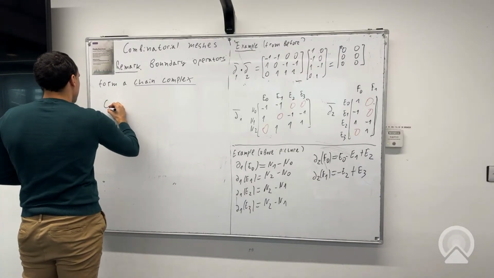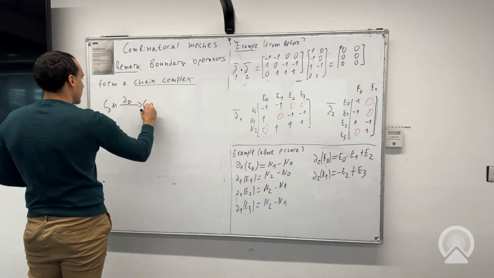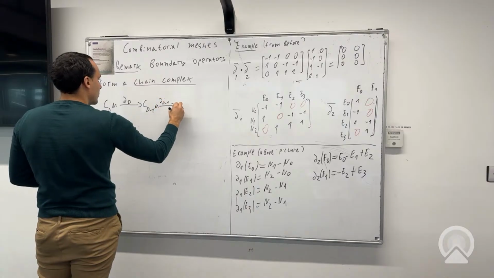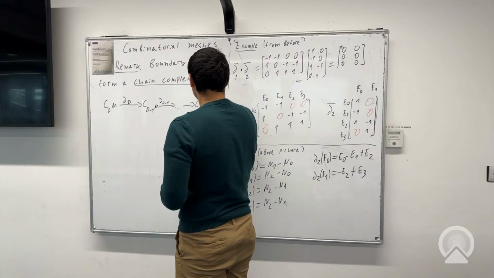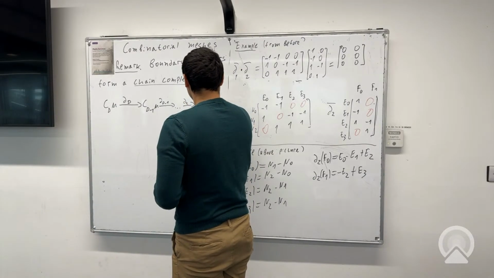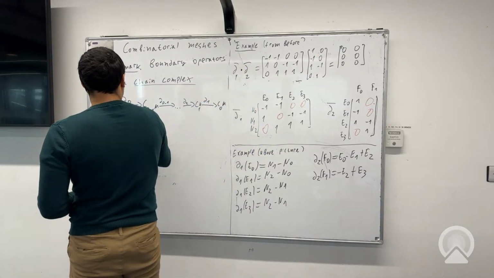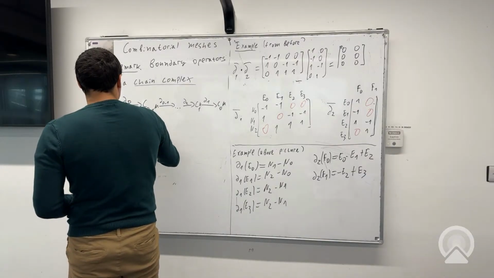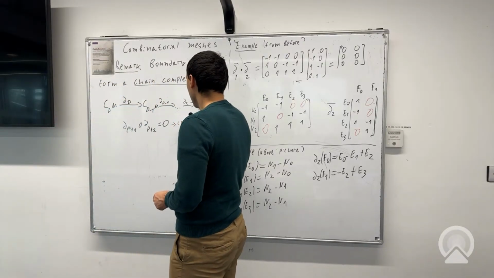We have C_d, M by d_d goes to C_{d-1}, M, and this is d_{d-1}, to C1. This is d2 and this is d1. And this is C0. And d_{p+1} composed with d_{p+2} is 0. So this is the chain complex property.